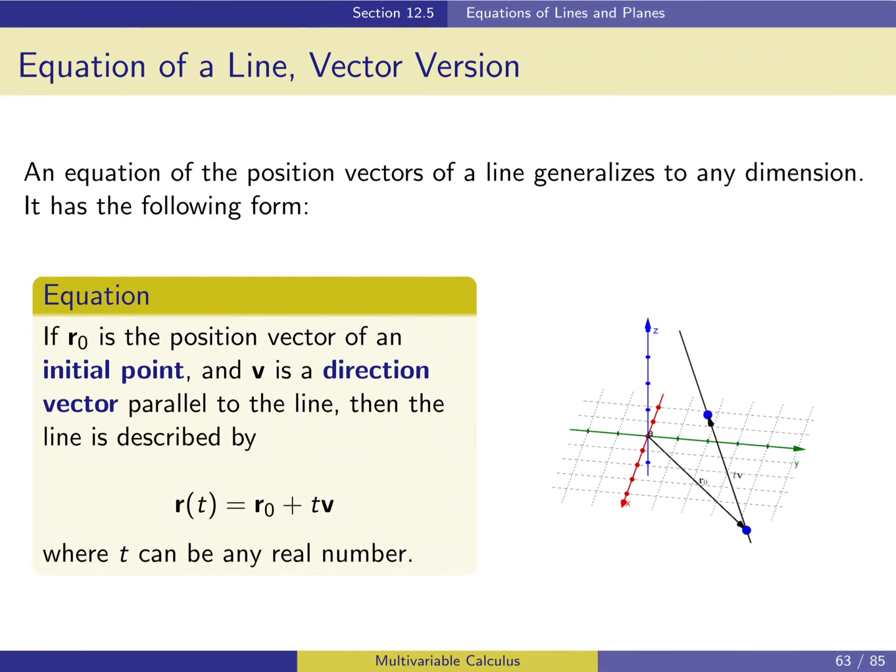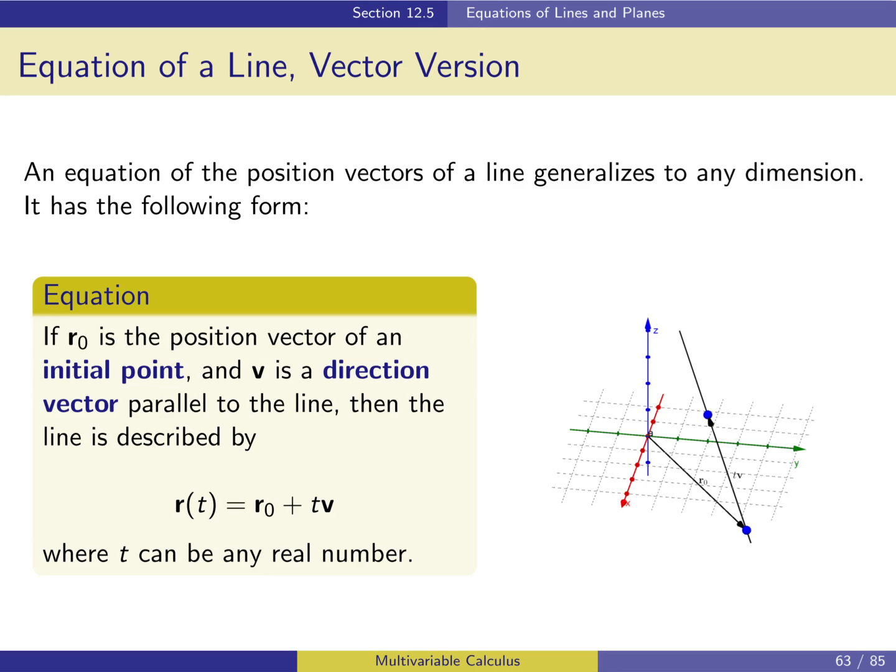The great news about this approach is it's going to generalize to any dimension. This is called the vector equation of a line. What we need for the vector equation of a line is an initial point whose position vector we denote r0. This is the role of (3, 2) in the previous example. We also need a direction vector, which points in the direction of the line. This is the role of <2, -1> in the previous example.